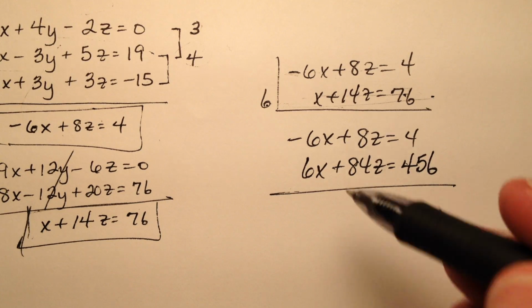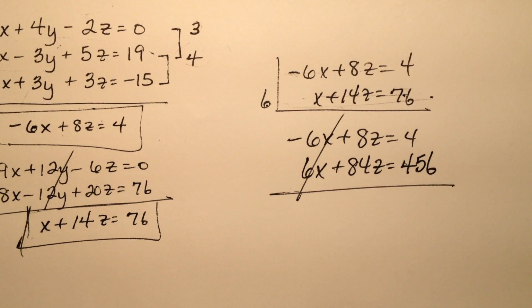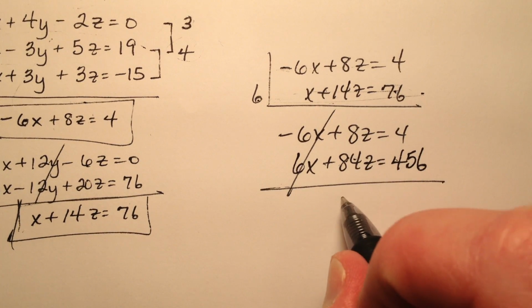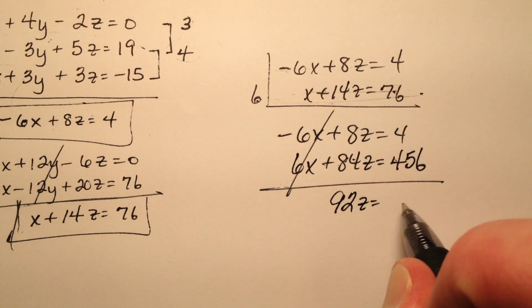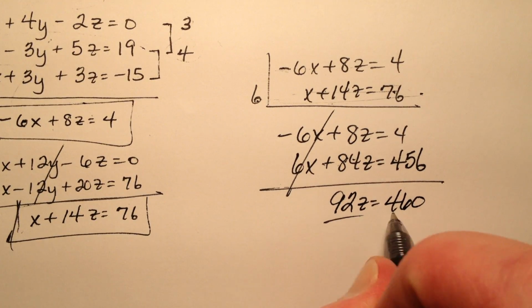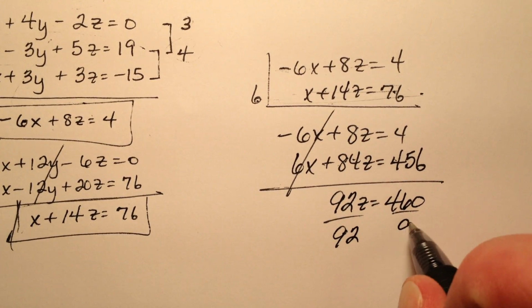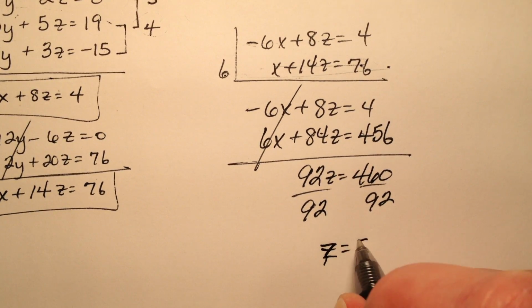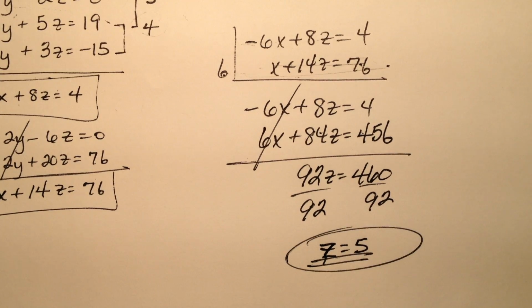So when I go to add these, the x's cancel. Again, that was the point of that. So now 84 plus 8 is going to be 92z equals 460. So when I divide both sides by 92, z is going to be 5.